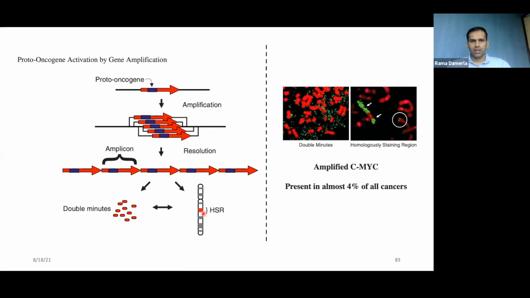One is as double minutes, where it's amplified as small regions of the chromosome. Or it could be on the same chromosome itself, called HSR, or homogeneously staining region. So there are numerous copies of this gene, and that causes cancer.